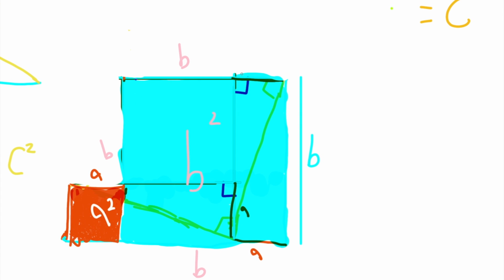And the area of the entire figure is C squared. So that means that A squared, that's just this area here and here, plus B squared equals C squared.